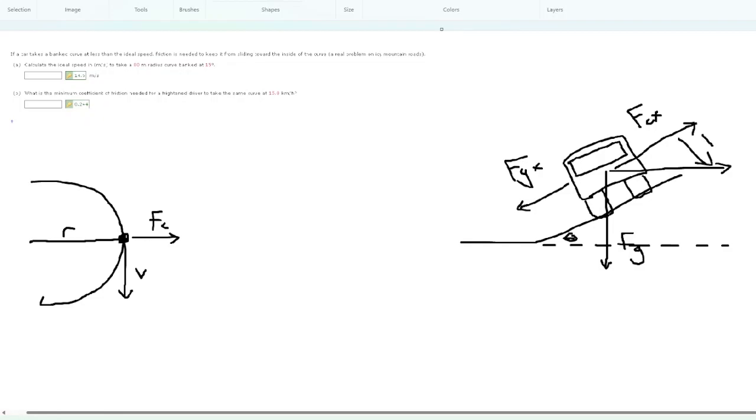If we continue drawing this, then we need the horizontal component of gravity to be equal to the horizontal component of centripetal force in this case. So let's equate them together.